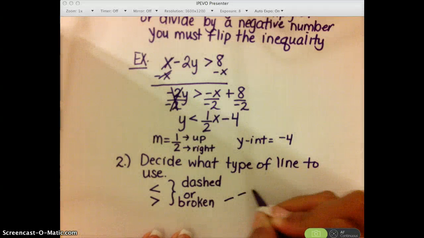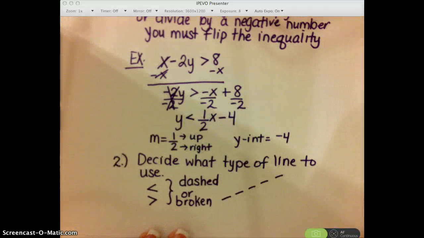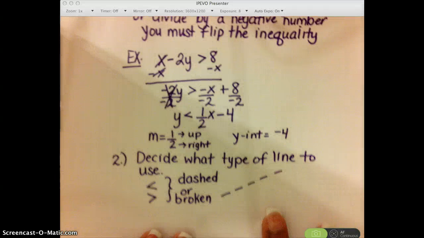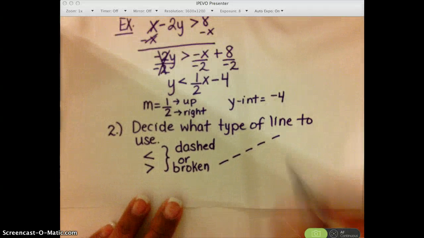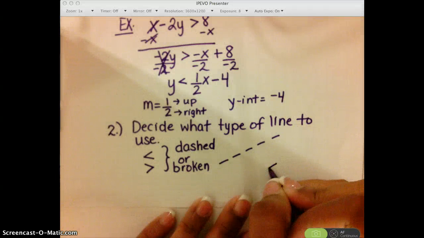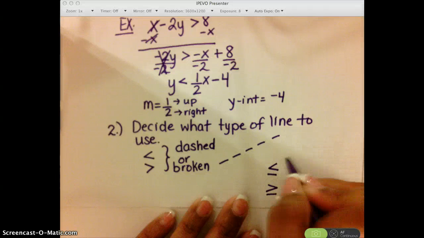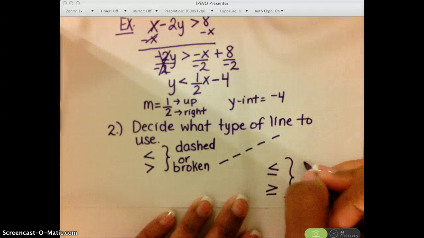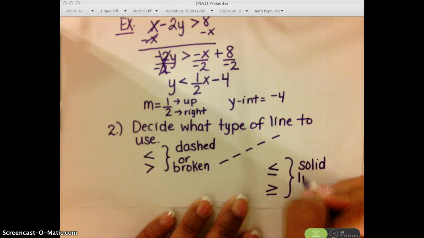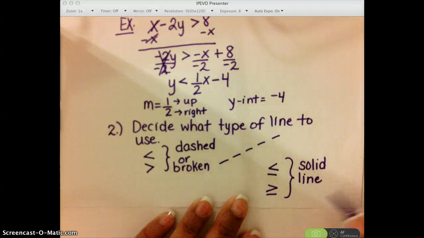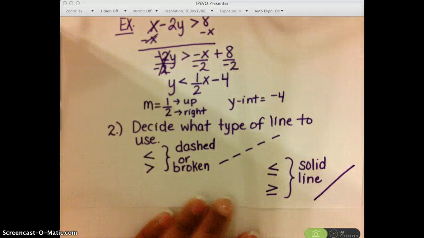There's going to be space between the lines when you connect the points. So that's what your dashed line looks like. Your second option is if I have less than or equal to or greater than or equal to, then we're going to have a solid line. A solid line is a lot like a closed circle. There's no space, there's no opening. So that's your solid line.